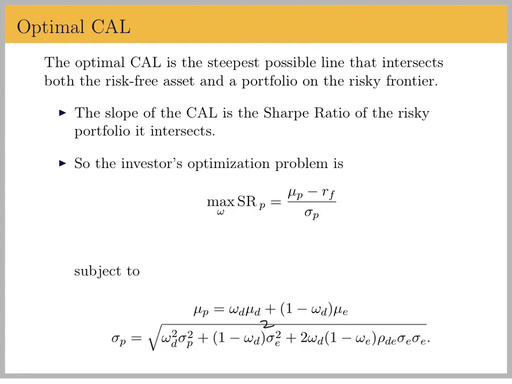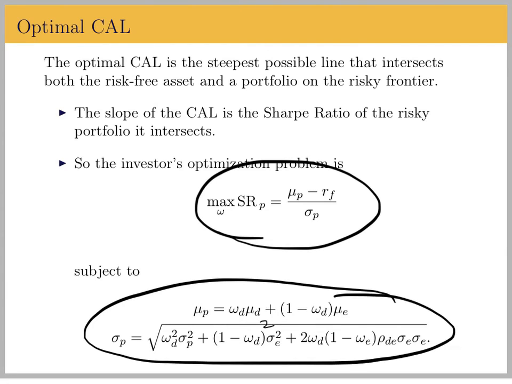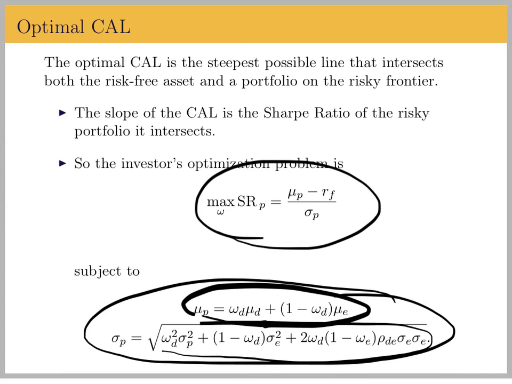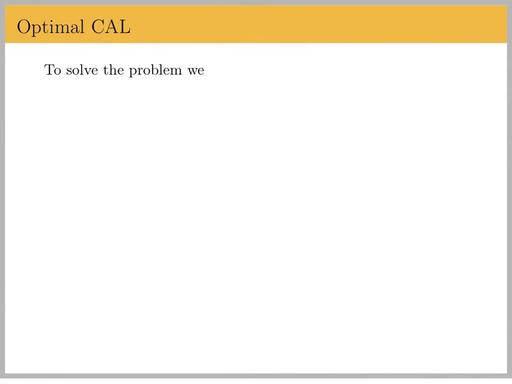So just to recap, because the investor wants to find the portfolio with the steepest CAL, or the highest Sharpe ratio, the investor then maximizes the Sharpe ratio subject to the constraints that the mean and the volatility are equal to those weighted averages and average plus covariance or correlation term.